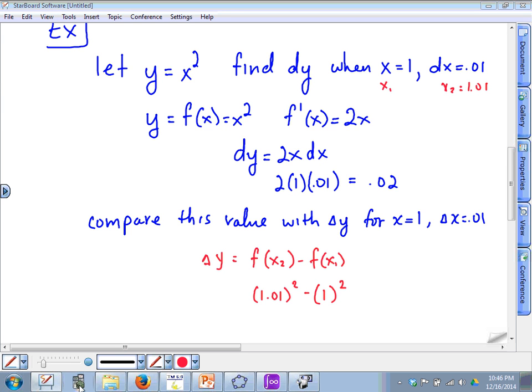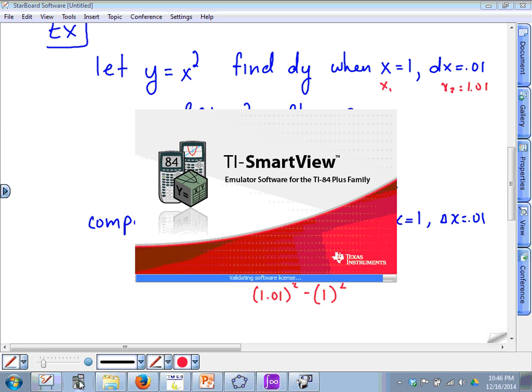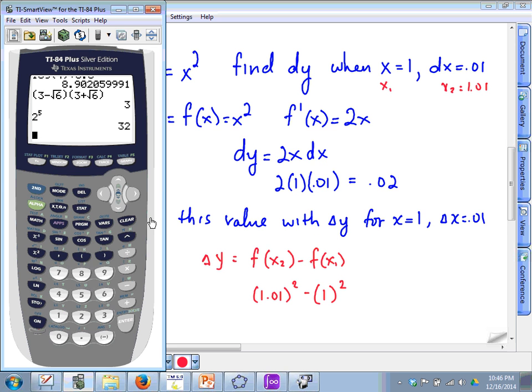So in a calculator here, I have 1.01 squared minus 1 squared, which is 1, and it's 0.0201.